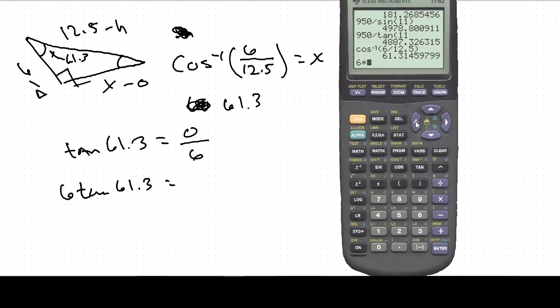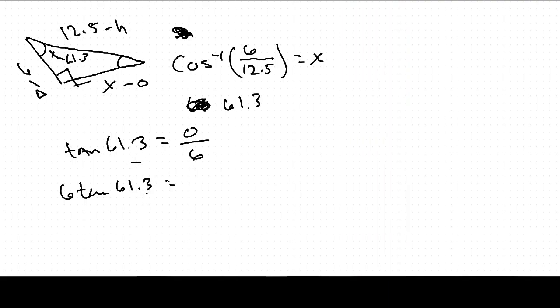So that's 11 basically. And how do you find that angle? You just do 90 minus 61.3, which is 28.7. Yay!